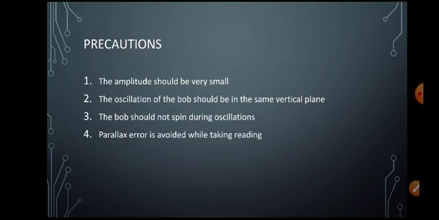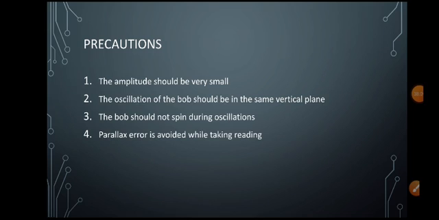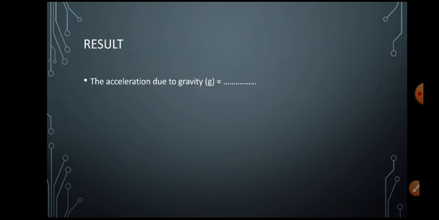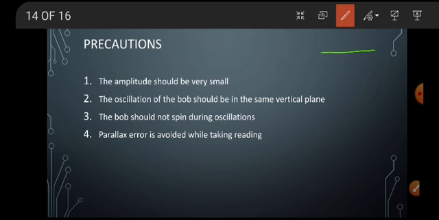And when the simple pendulum is used, the amplitude should be very small. The oscillation of the bob should be in the same vertical plane. So this is a simple pendulum.